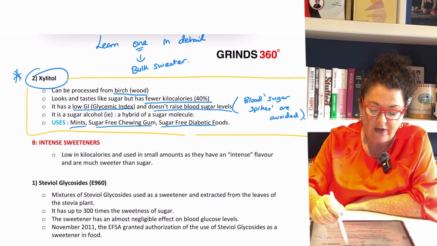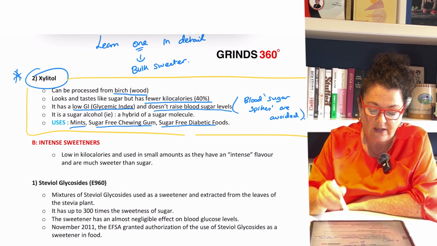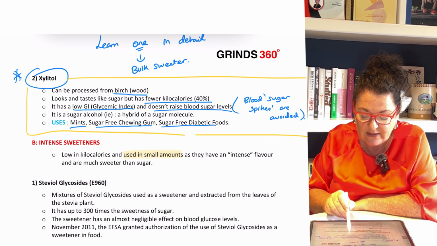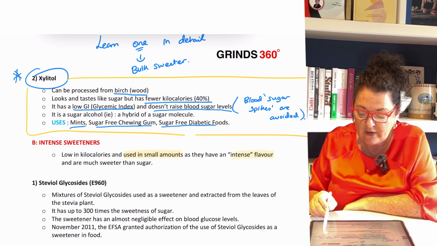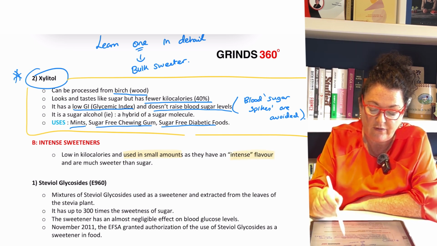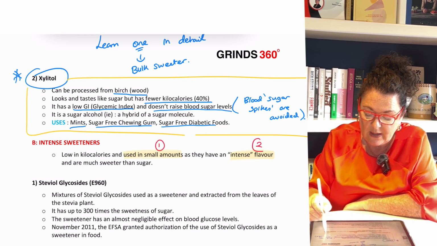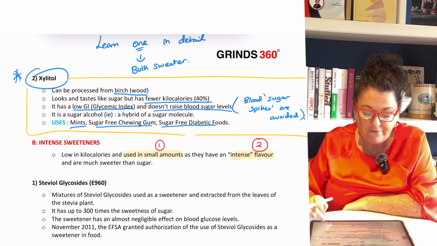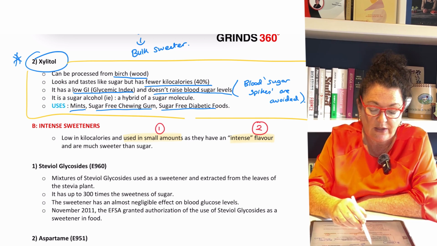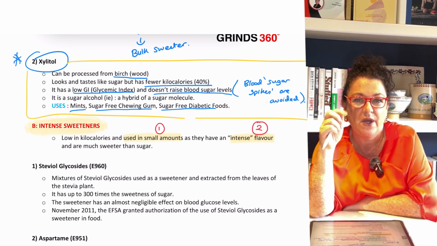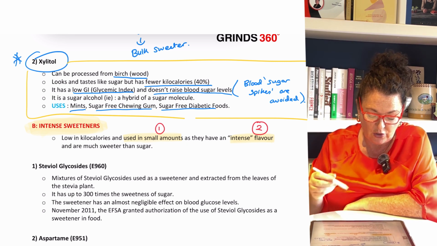Now, the second one there are the intense sweeteners. And we said two things. We use them in much less quantities and they have a very intense flavour. So the opposite of the bulk sweetener. In fact, intense sweeteners, you're looking at hundreds of times more sweet than sugar.